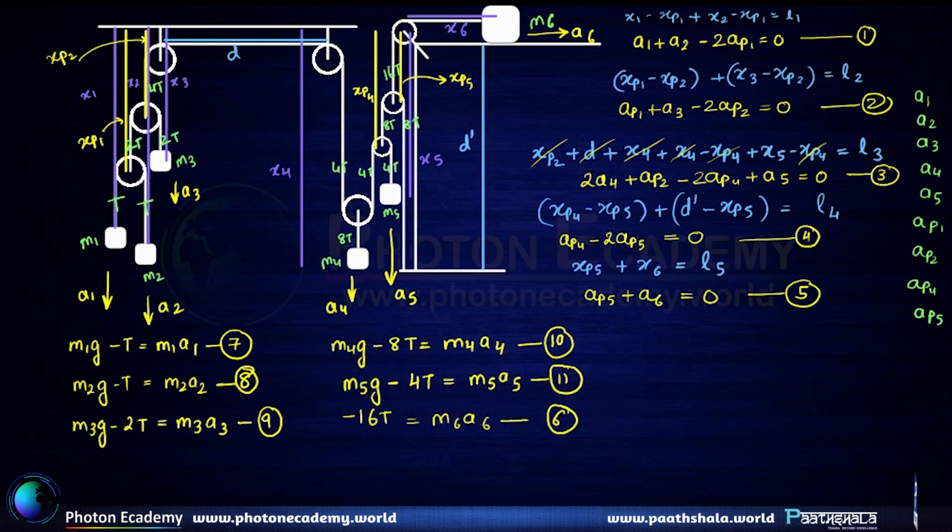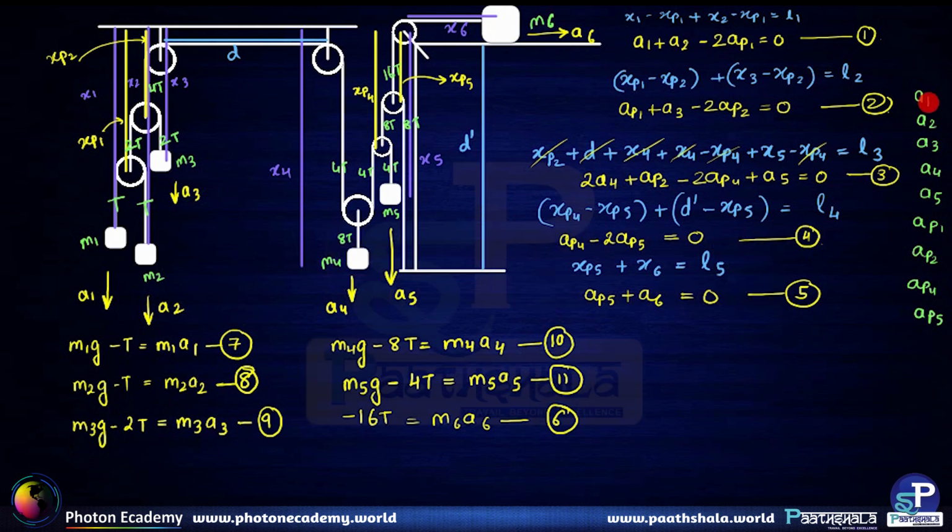So these are the 5 equations: 1, 2, 3, 4, 5, and then 6, 7, 8, 9, 10, 11. So 11 equations have been mentioned over here. Let's look at the unknowns. The 5 accelerations of the masses 1, 2, 3, 4, 5 are 5 unknowns, and then of course for the 6th mass, A6 is also an unknown.